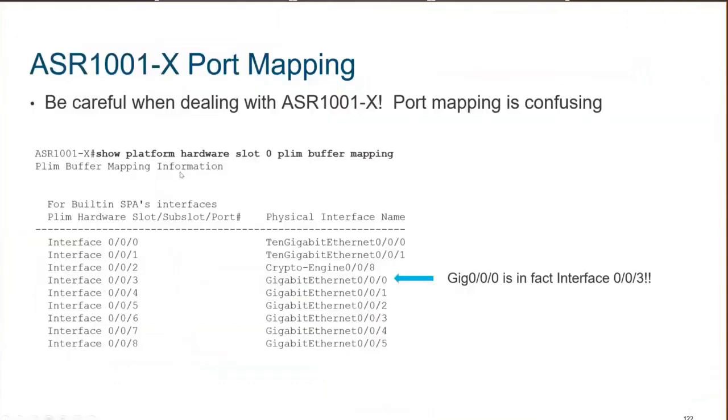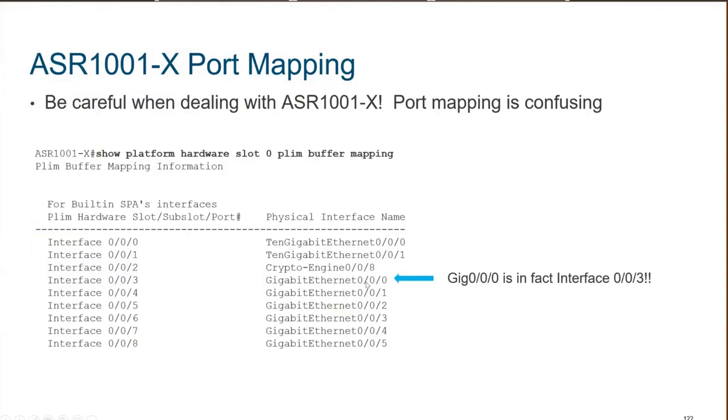So there are a bit of changes on the ASR1001X device. When we are checking for the PLIM status, the one gig 000 will actually be PLIM interface 003. So 10 gig 001 will be PLIM 000. This will be 001. Crypto engine internal will be 002, and 003 to 008 onwards we'll have 6 gig interfaces.